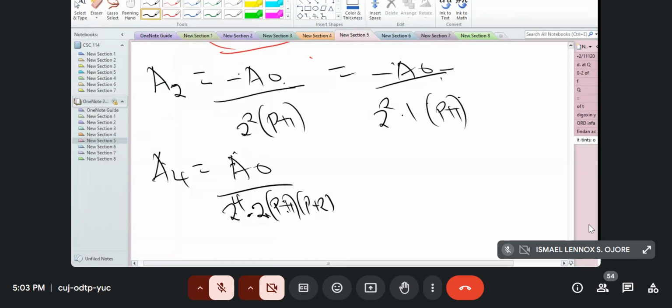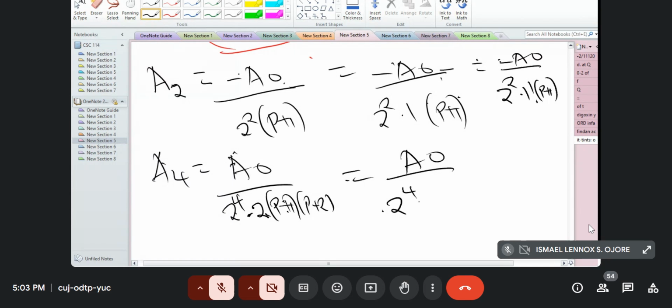So if I say my A2 is minus a naught divided by 2 squared times 1 factorial times p plus 1. 1 factorial is 1, right? If I say that this is a naught divided by 2 raised to power 4 times 2 factorial, then times p plus 1 times p plus 2. We still have the same results, isn't it?